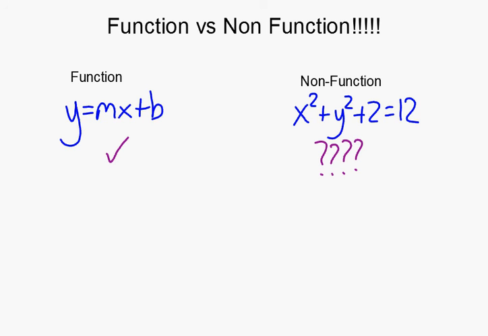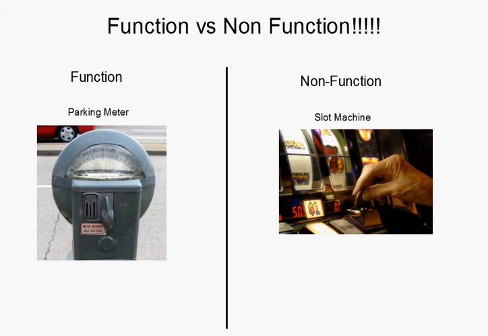So let's take a step back, and let's look at a non-mathematical example to explain the difference between a function and a non-function. The best one I can come up with is the difference between a parking meter and a slot machine. With a parking meter, let's say I put 25 cents in and get 1 hour.